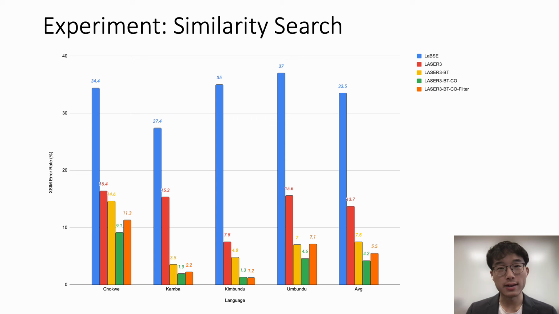The baseline is language-agnostic BERT sentence embedding developed by Google. This is pre-trained on hundreds of languages to be used as a good representation. It's not specifically pre-trained on those African languages we show here, but it's pre-trained on some other languages belonging to the same language family.